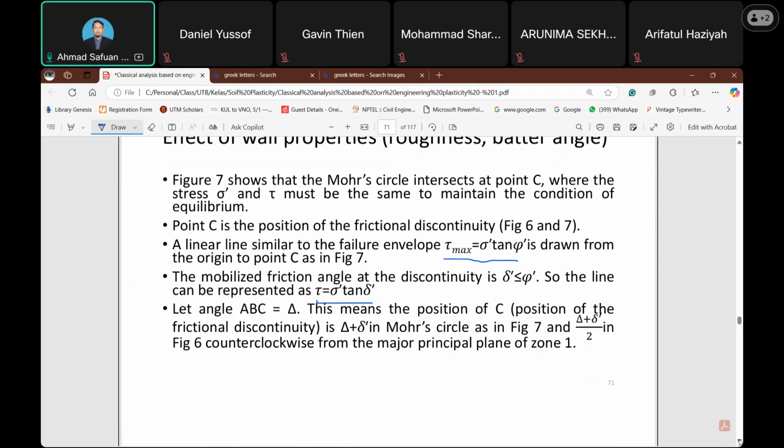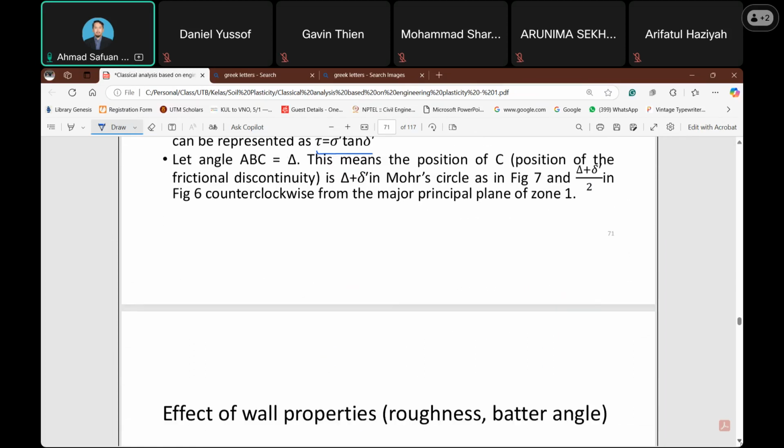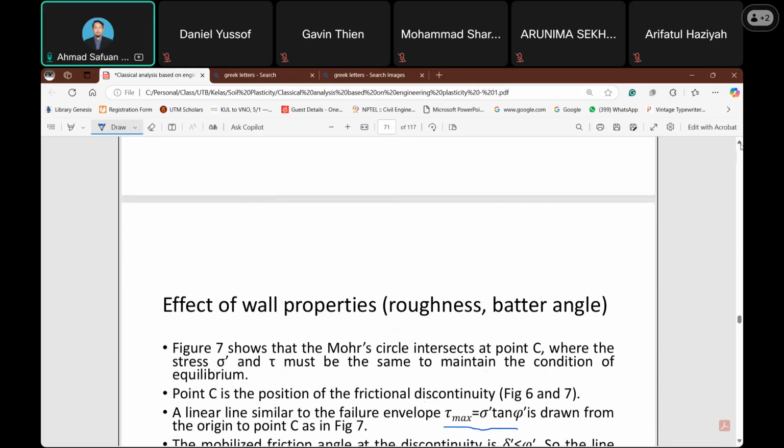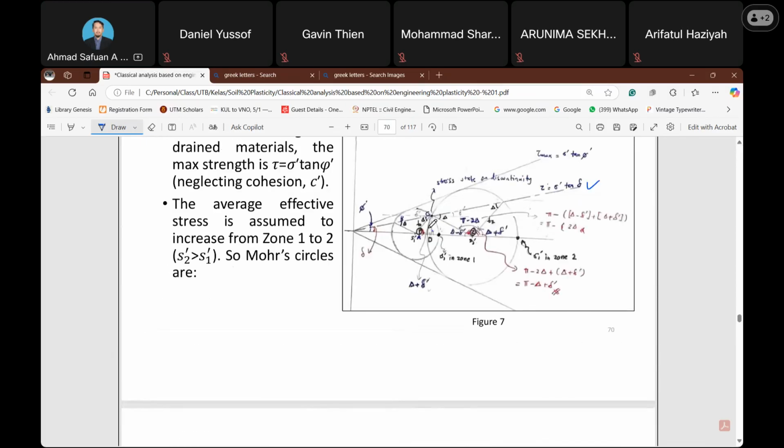So where we get that one, we look at the Mohr circle diagram, here. It happens here. So it's delta plus delta, because this is also considered as delta. This is delta, so this value is also delta.